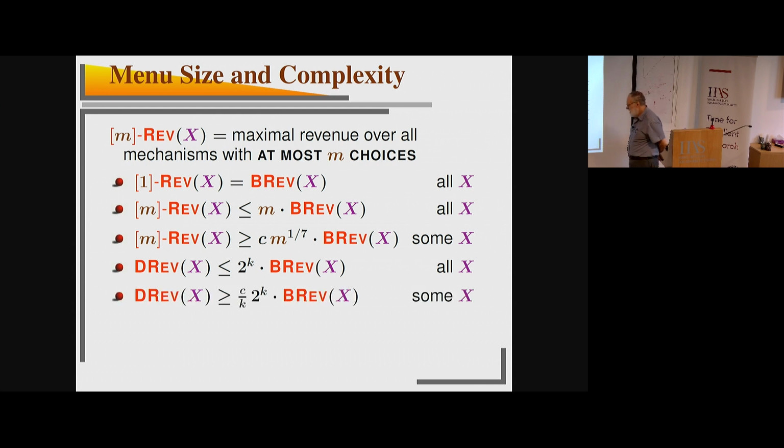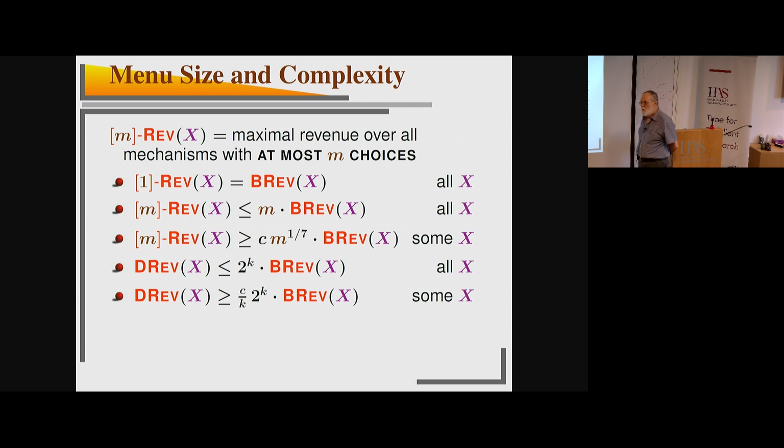The opposite inequality says there are x's for which you get essentially 2 to the power k over k of BREV. So DREV is essentially like a mechanism with menu size 2 to the power k.